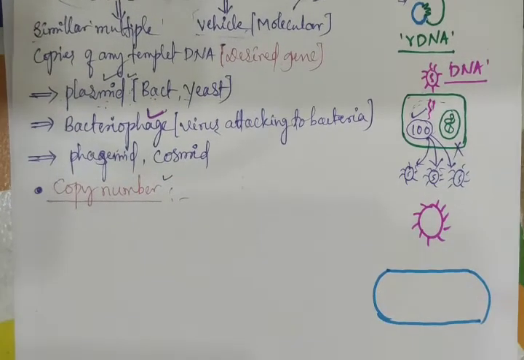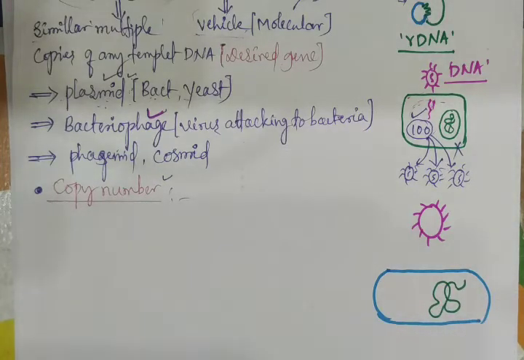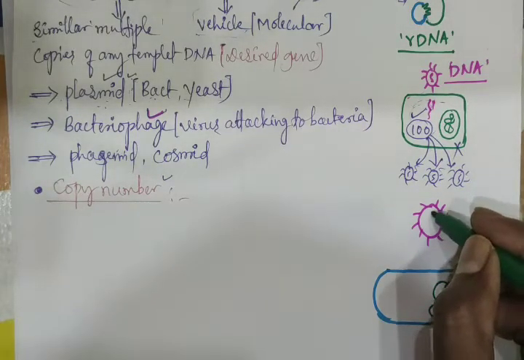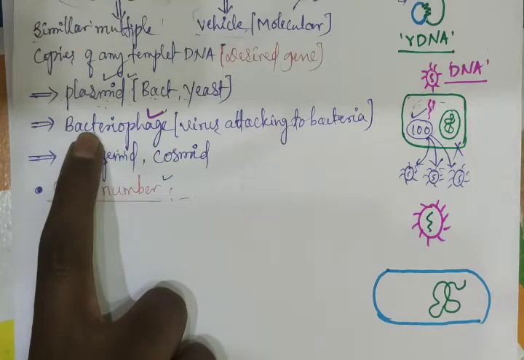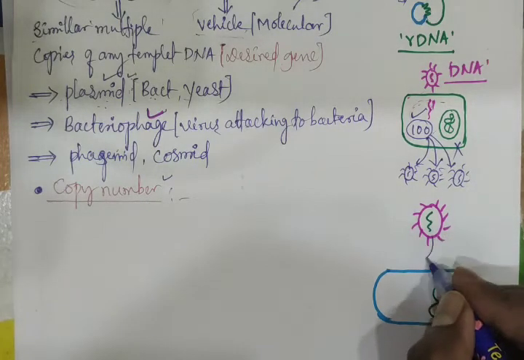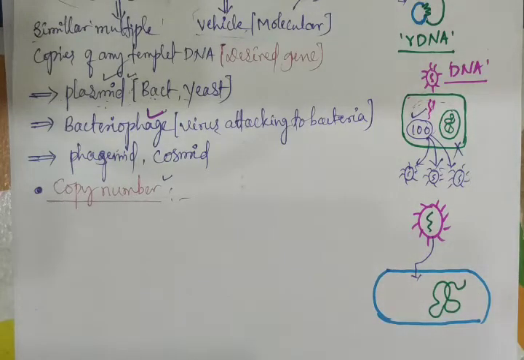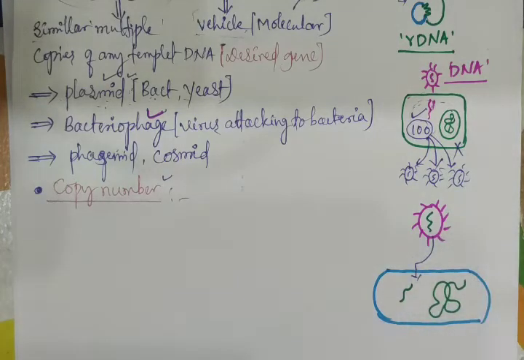Now this bacterial cell has its own DNA already, and in the same way the virus also has one DNA. A virus attacking a bacterium is a bacteriophage, right? So when this virus attacks, the DNA of the virus is released inside.